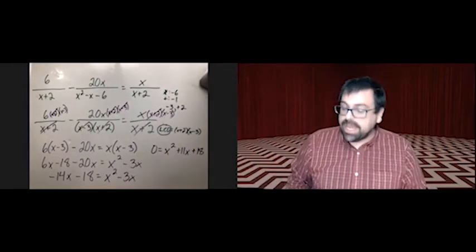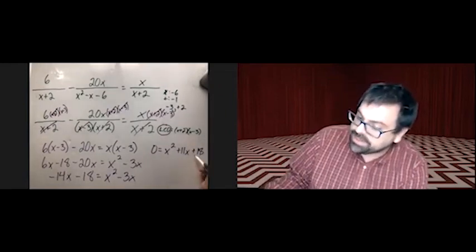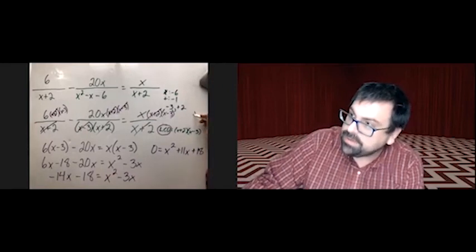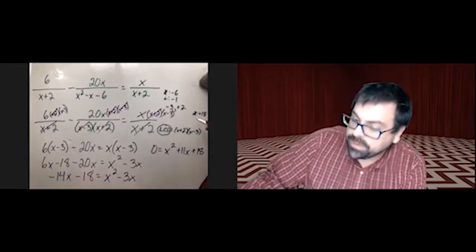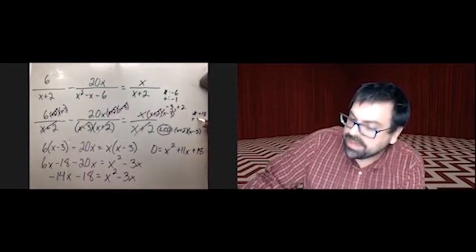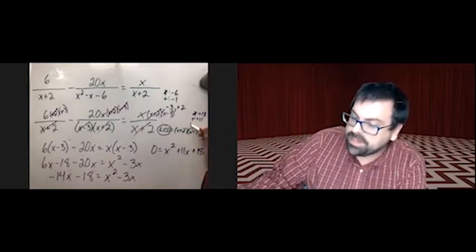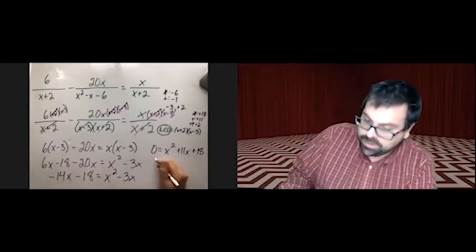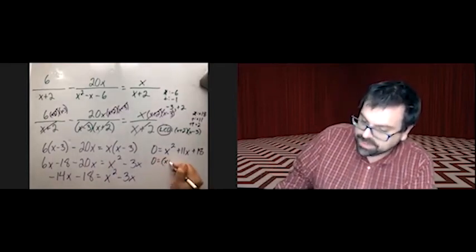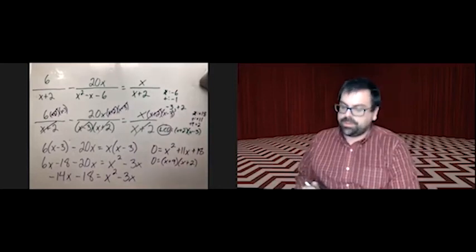We're going to factor again. We need numbers that multiply, this time, to positive 18 and add to positive 11. This is plus 9 and plus 2. x plus 9, x plus 2.